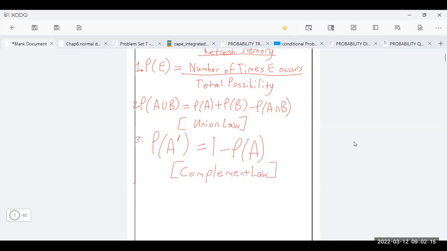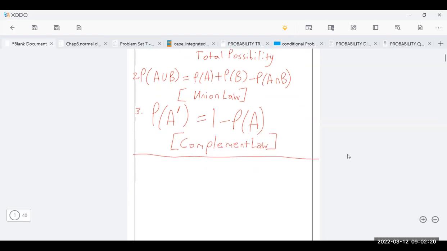We then went on to talk about independent, mutually exclusive, and exhaustive events. Let's start with mutually exclusive. Mutually exclusive means the two events never intersect. They can never occur simultaneously, so A and B cannot occur at the same time.